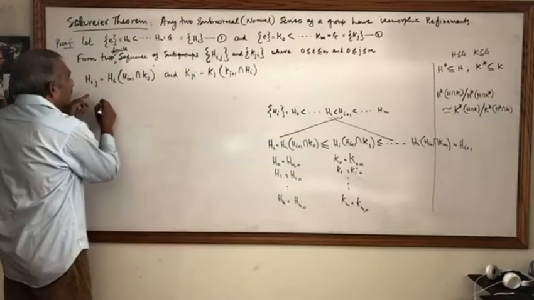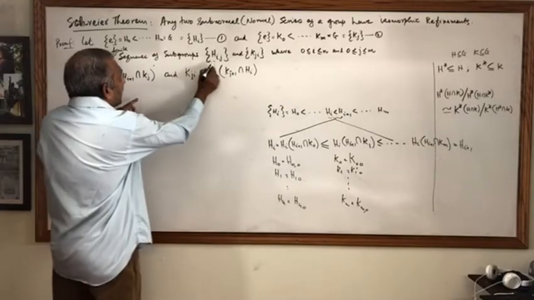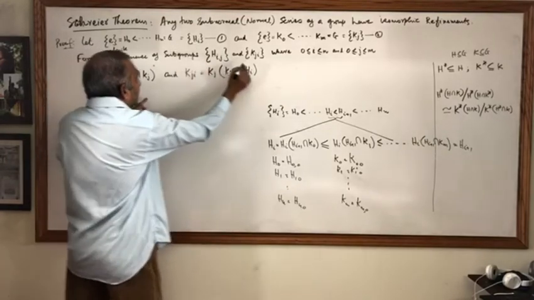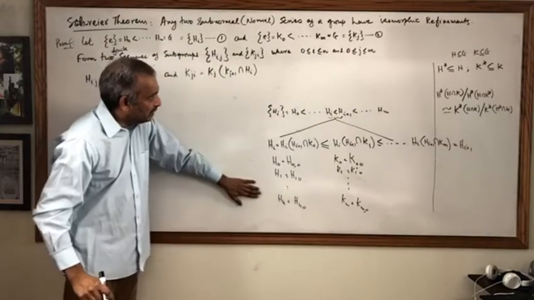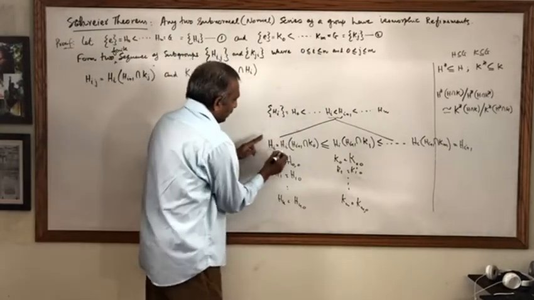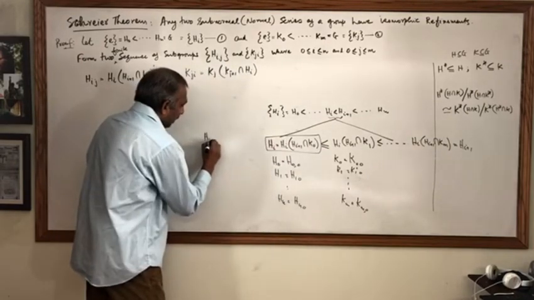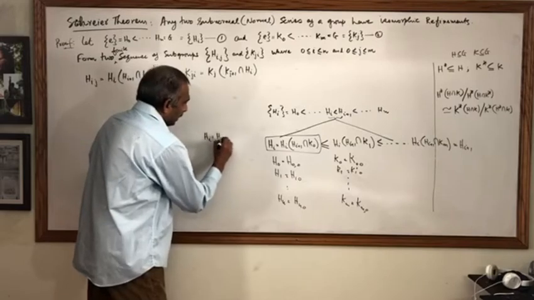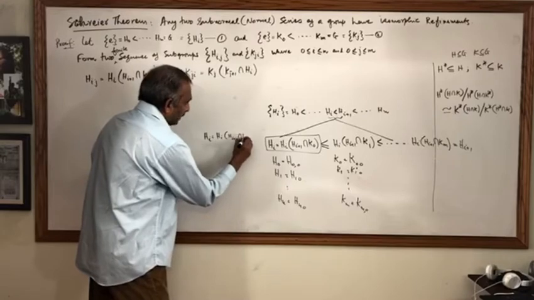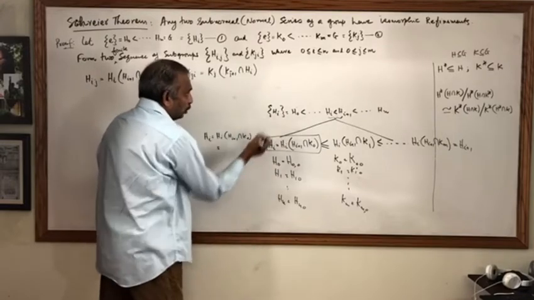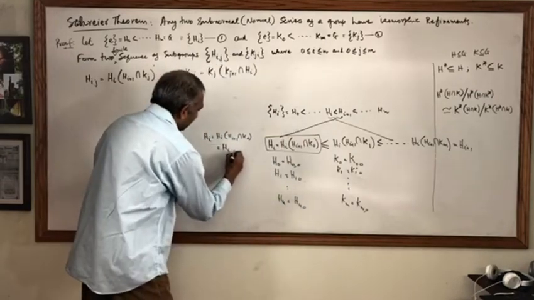That means this contains Hi and this contains Kj because of this. See, if you take this one, Hi is equal to Hi times (Hi+1 intersection K0), which, using this notation, is nothing but Hi0.